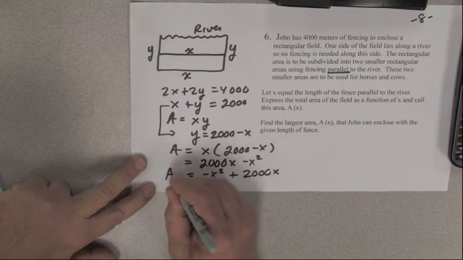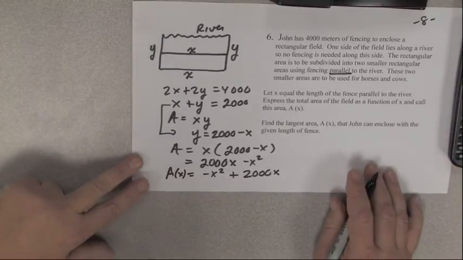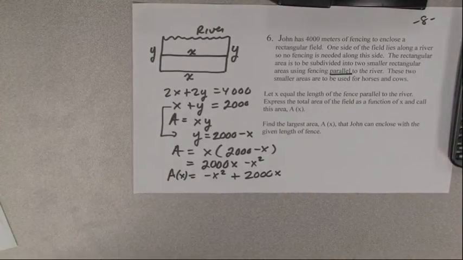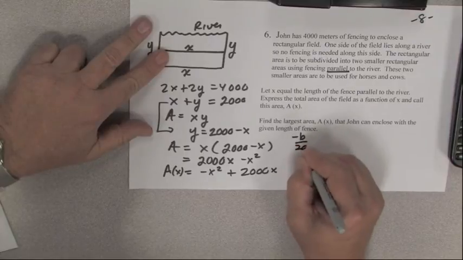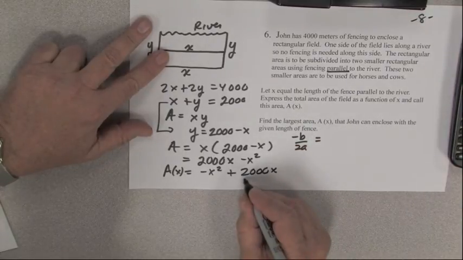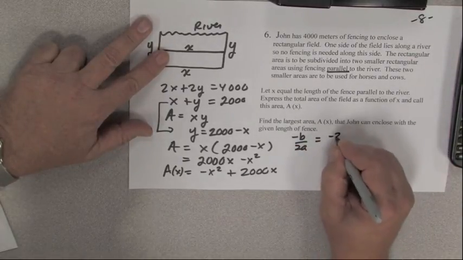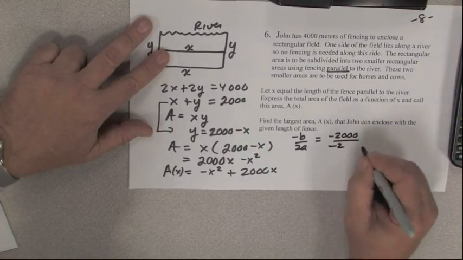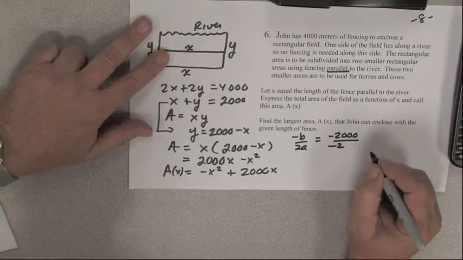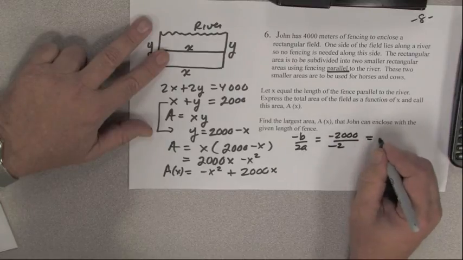Rearrange. We see once again we have an inverted quadratic function that opens down, and therefore the vertex will be a maximum. How do you find the vertex? Negative b divided by 2a. Now the b value is 2,000, so it's negative 2,000 divided by 2a, negative 2. And so that's going to be 1,000.